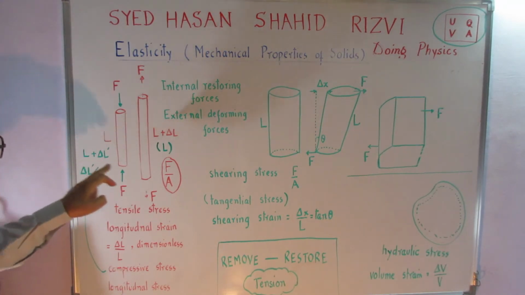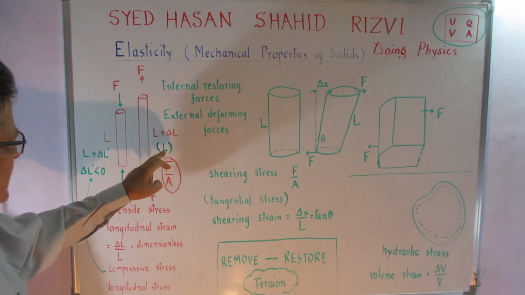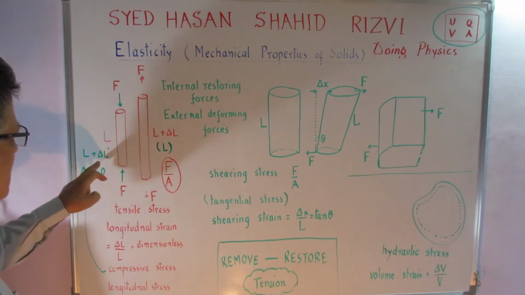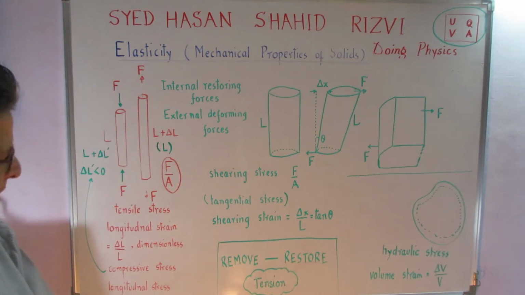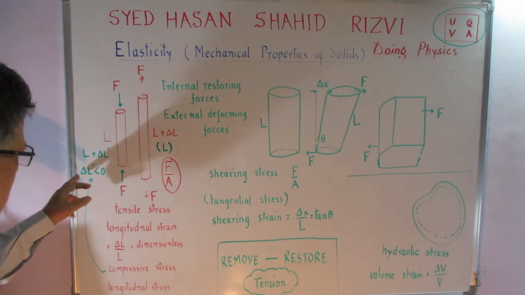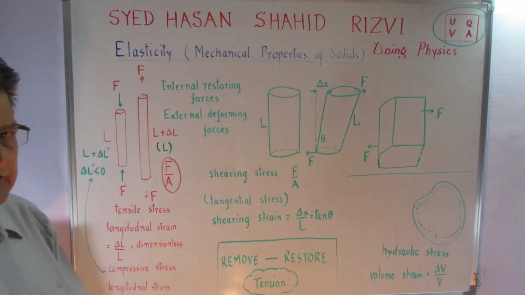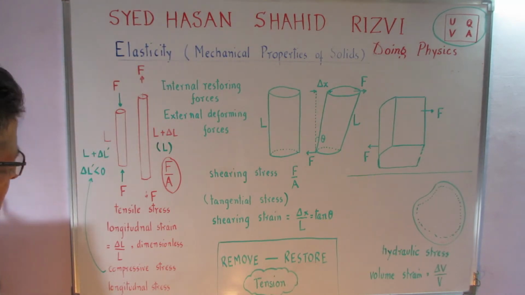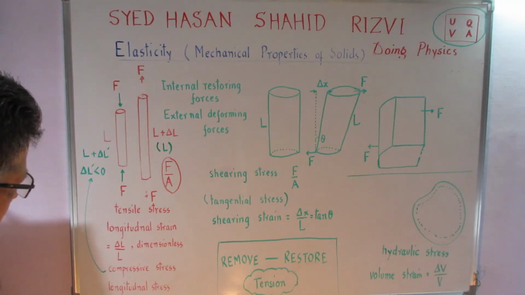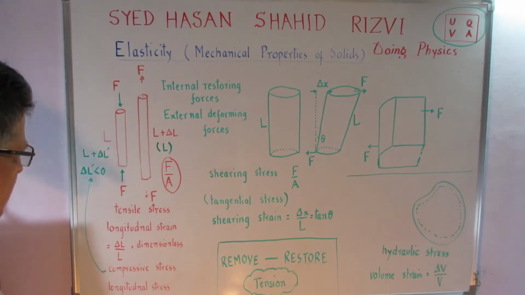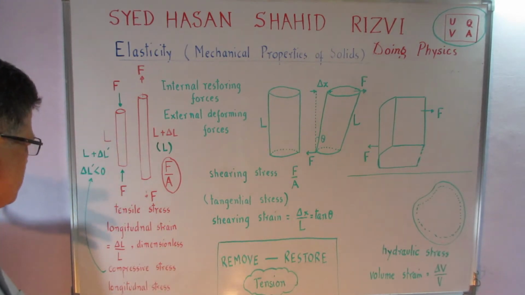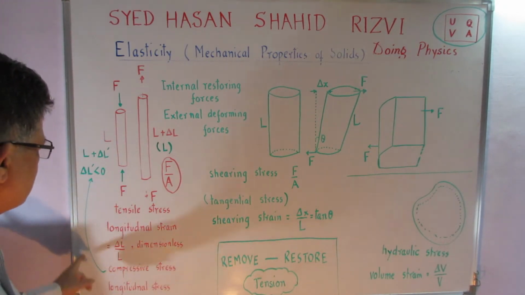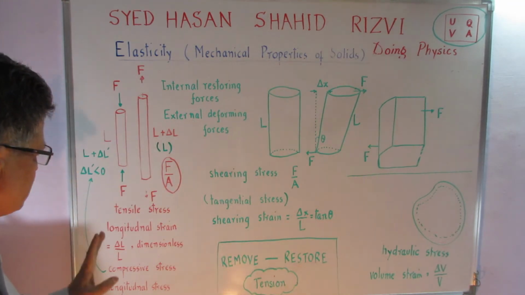So I show that first of all the length is L, then the length becomes equal to L plus delta L dash, and this delta L dash is less than 0, so that actually the length becomes smaller. So this stress we call compressive stress.